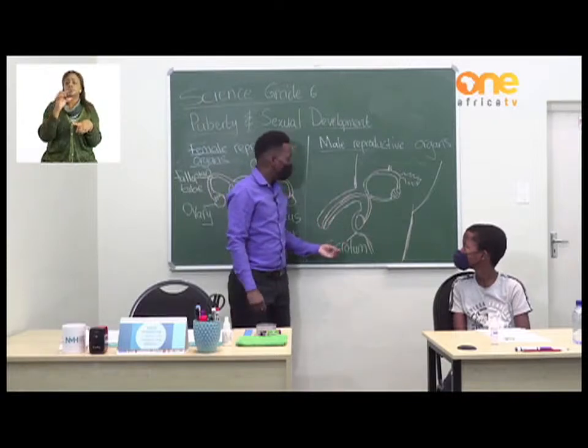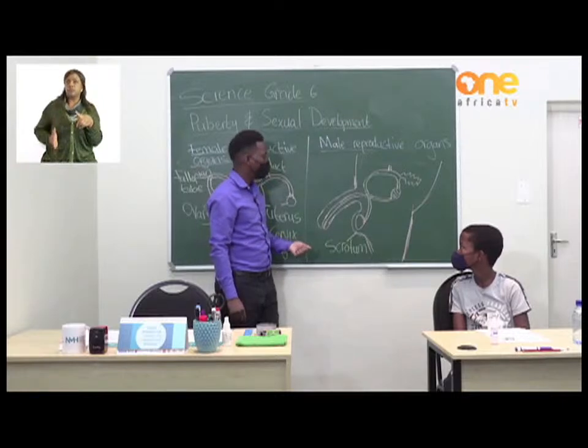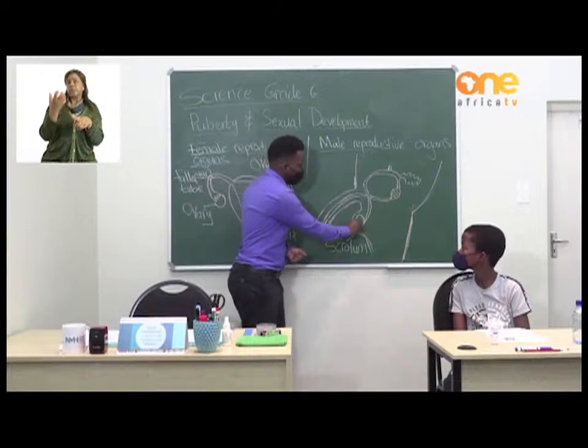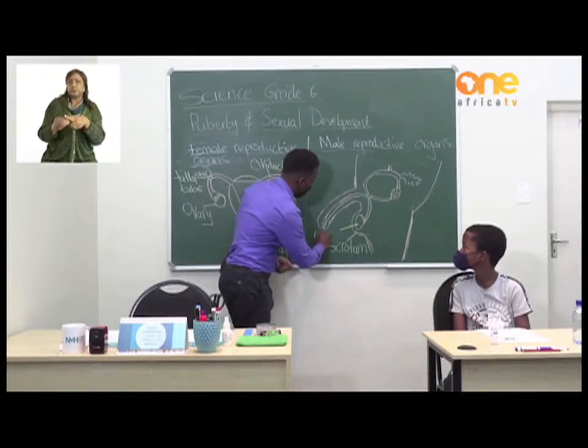Now, the scrotum is part of the external organs that hang outside the man's body. But inside the scrotum, we have a structure known as the testis.